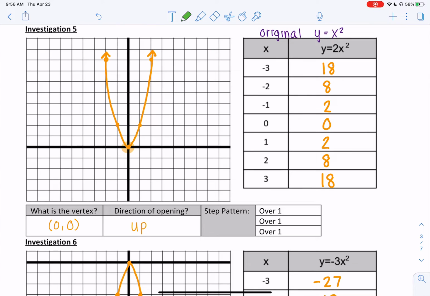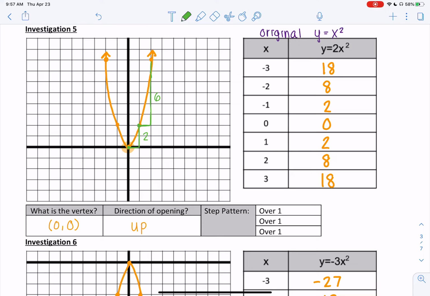So remember, we put our pencil right on the vertex and we go 1 to the right, and then we move our pencil up until we hit our line again, which in this case, I moved 2. Now we're going to do it again. We're going to move over 1, and then we move our pencil up until we hit our graph again. And then we're going to move up 1, 2, 3, 4, 5, 6.